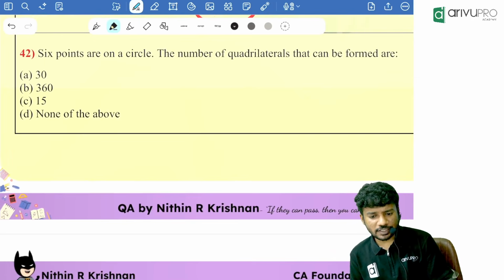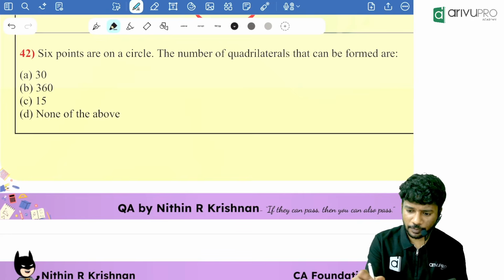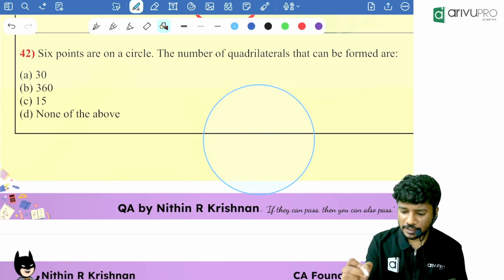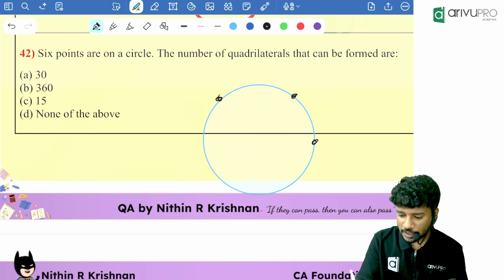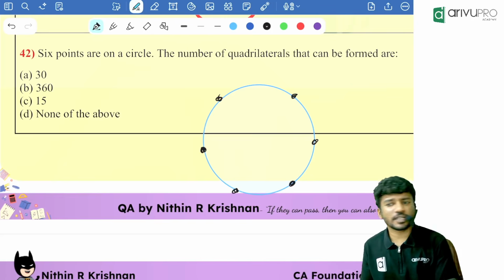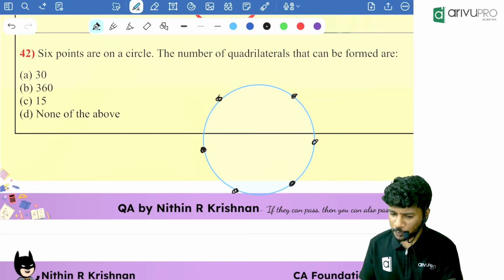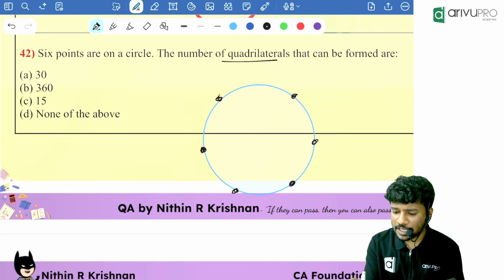6 points on a circle. How many points are there in a circle now? 6 points are there. So I will just mark the circle's points: 1, 2, 3, 4, 5, 6. Randomly 6 points are there in a circle. Now, how many quadrilaterals can be formed?